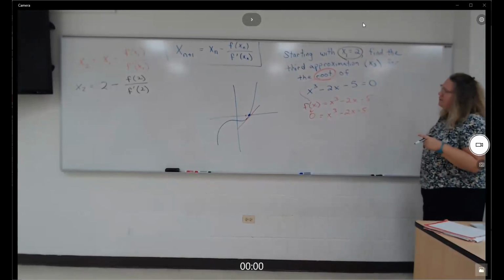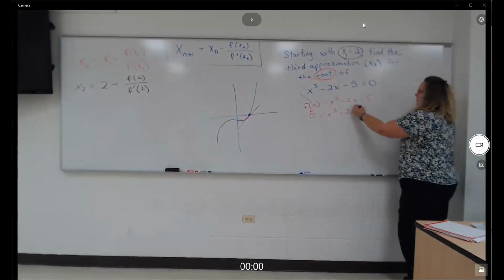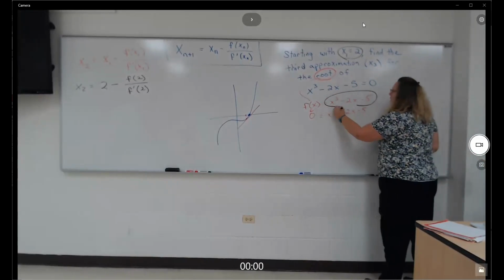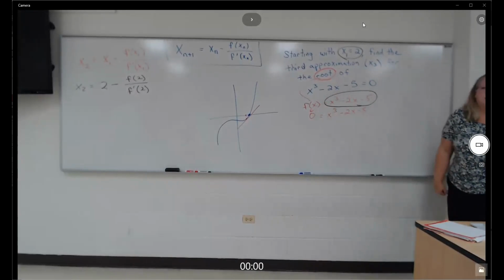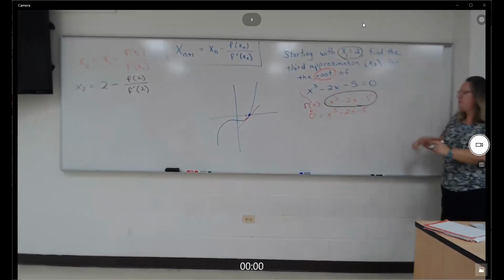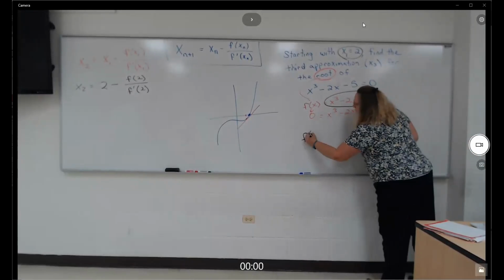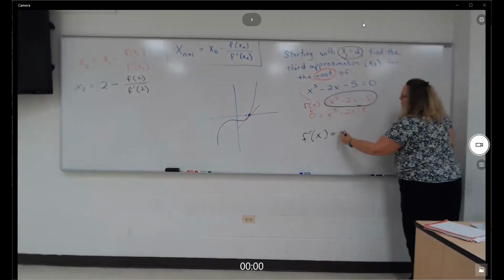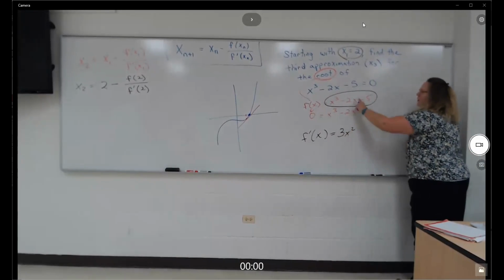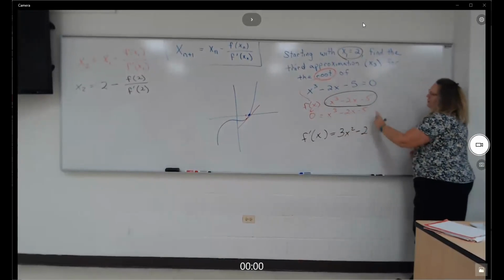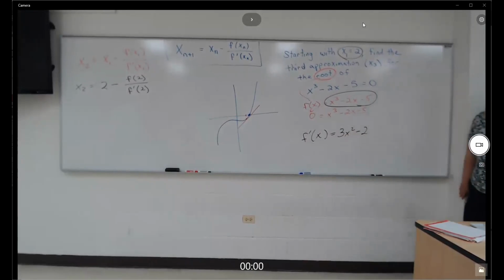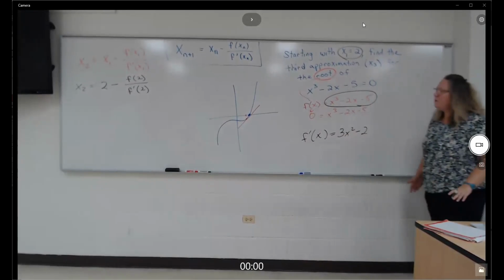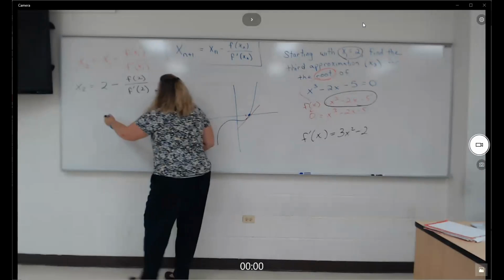Now we have the function, but we need its derivative. So go off to the side and find its derivative. Roll it down, subtract 1, 3x squared. Roll it down, subtract 1, negative 2, and then negative 5 goes away. Now this is why I think this kind of turns into a calculator.